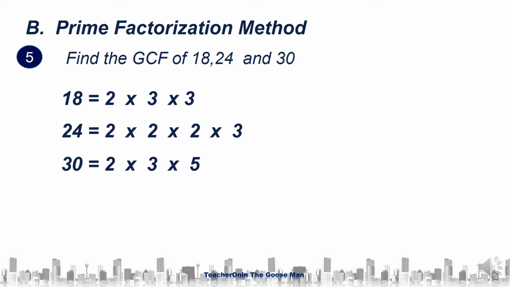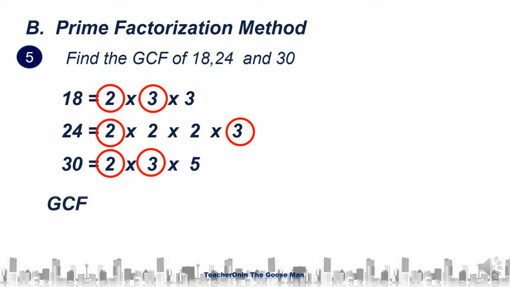And then again, we will encircle the common factors. So therefore, the greatest common factor is the product of the common factors 2 and 3. So the greatest common factor of 18, 24, and 30 is equal to 6.